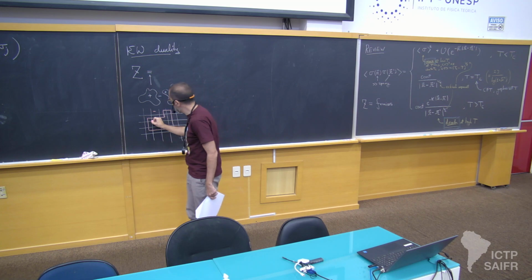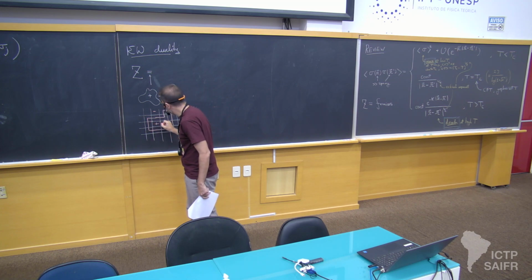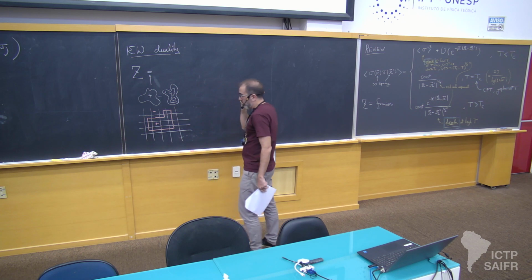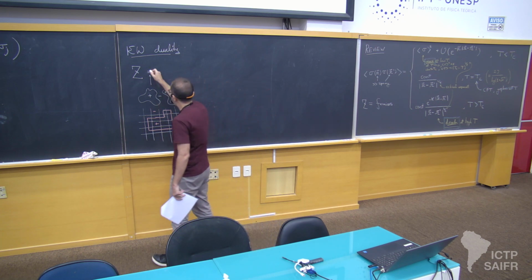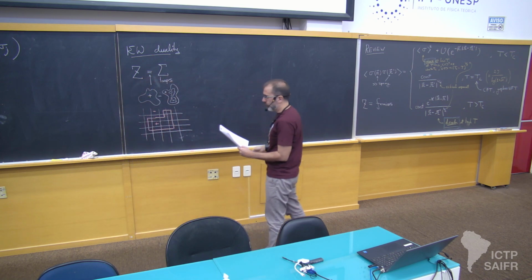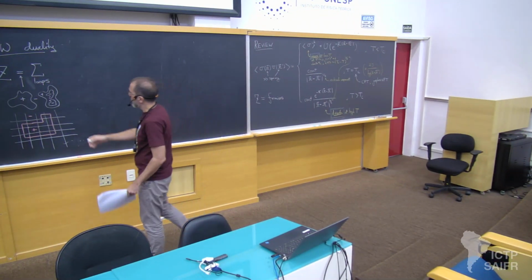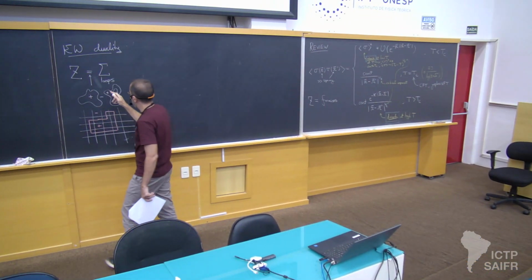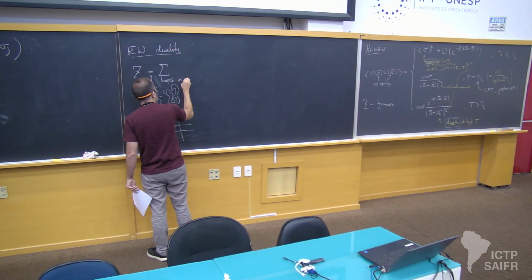So these spins here would be up in this example. And then you can say that my partition function would be a summation over these loops that separate up and down.